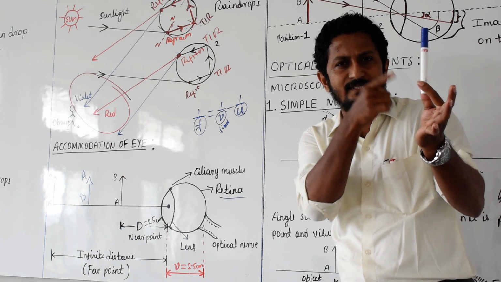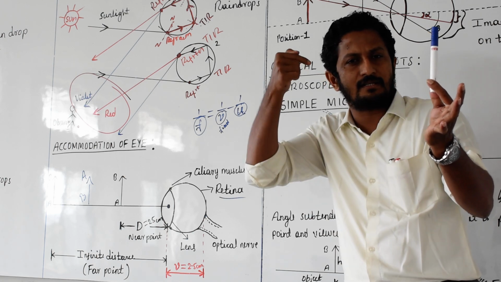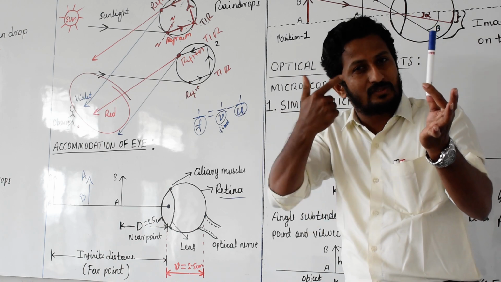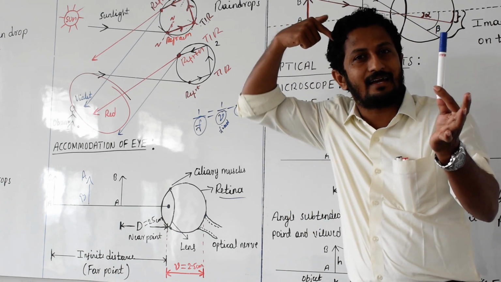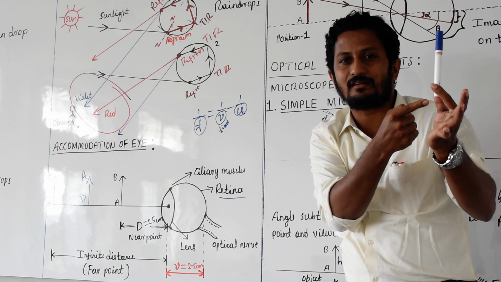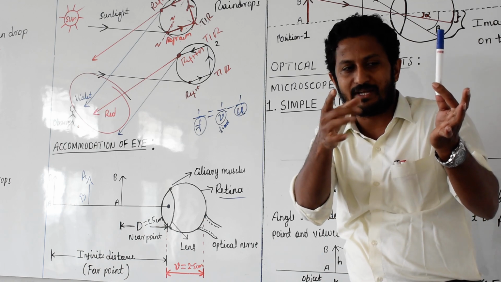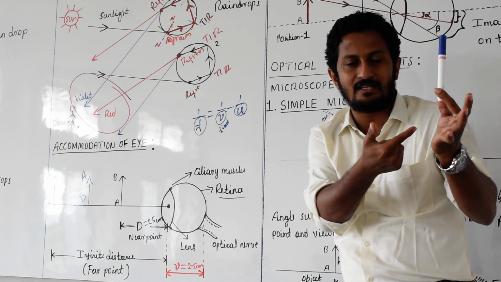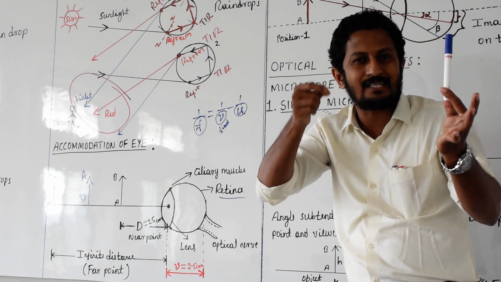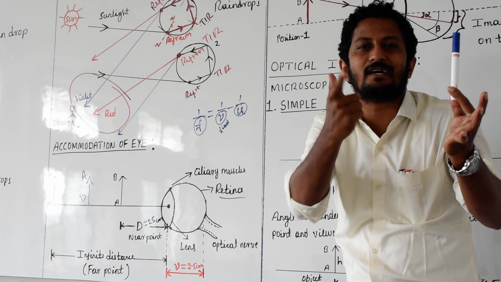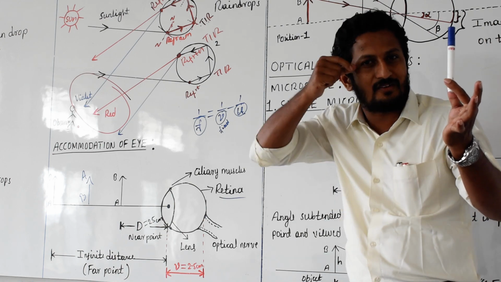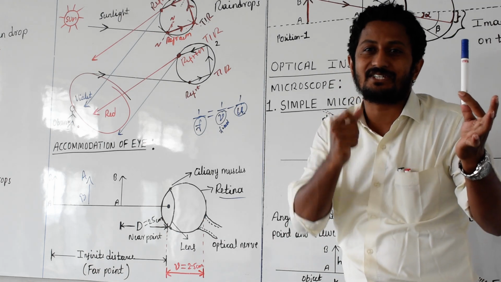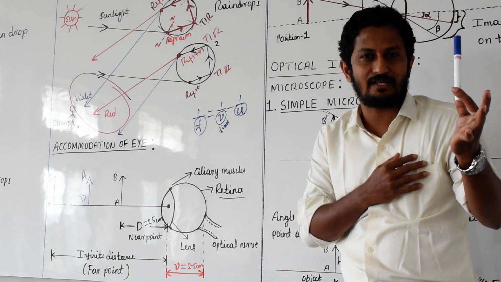The image of this marker is exactly produced on my retina, so there is a signal to my brain that there is a marker. Have you understood? For this particular object distance, my eye has one particular focal length for that fixed image distance. Getting what I mean to say?